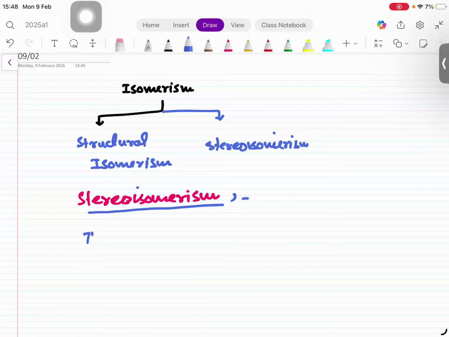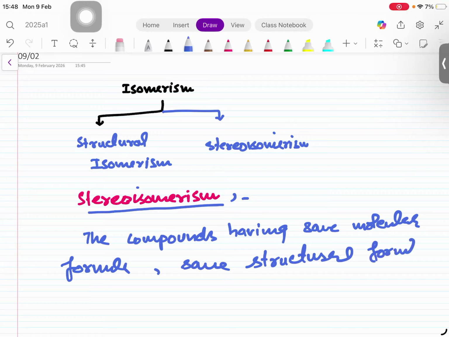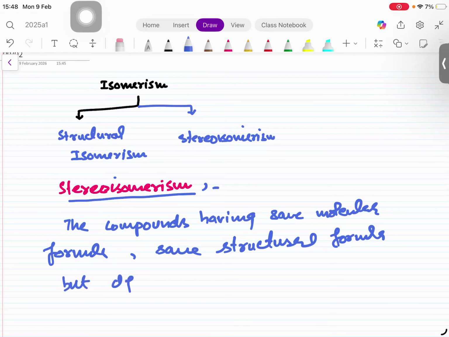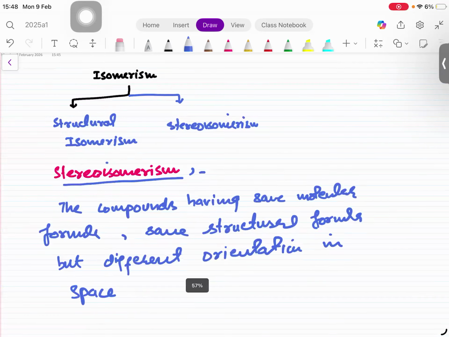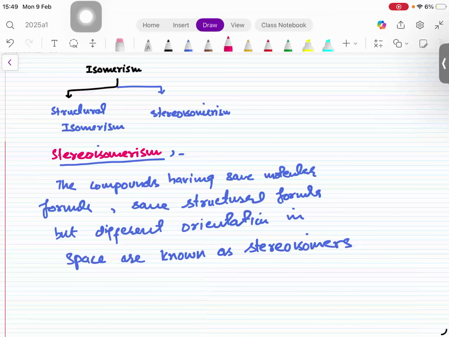So please write down: the compounds having same molecular formula, same structural formula, but different orientation in space are known as stereoisomers. And this phenomena is known as stereoisomerism.